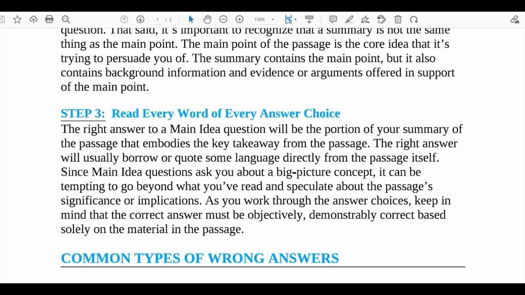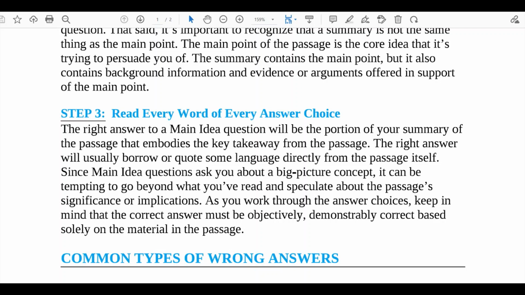Since main idea questions ask you about a big picture concept, it can be tempting to go beyond what you have read and speculate about the passage's significance or implications. As you work through the answer choices, keep in mind that the correct answer must be objectively, demonstrably correct, based solely on the material in the passage.